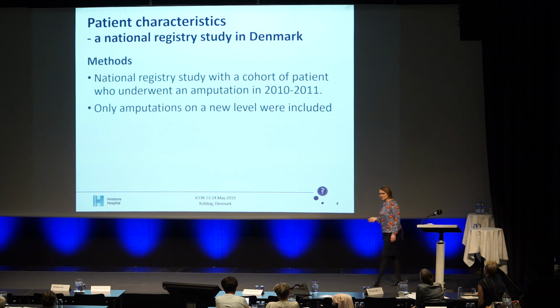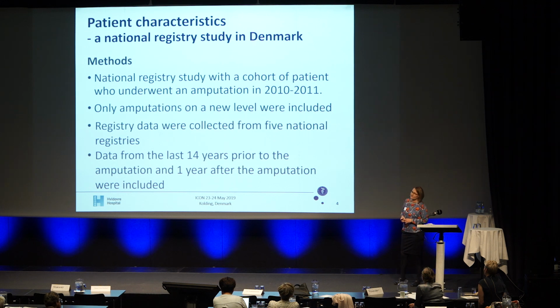And what we did was we started out taking 2 years, 2010 and 2011, and that's almost 9 years ago. And we identified all the patients who had been amputated in Denmark. We excluded the patient who had been revised and so on, if it wasn't on the same level. And then we took data from all the registries we have.